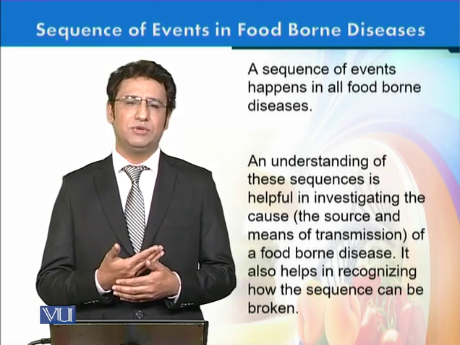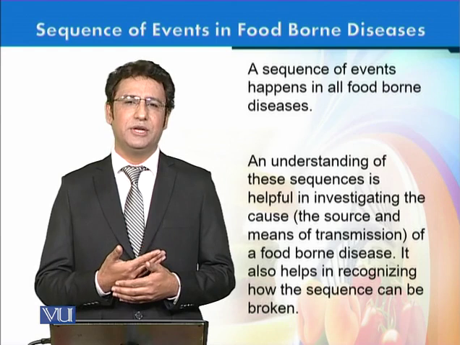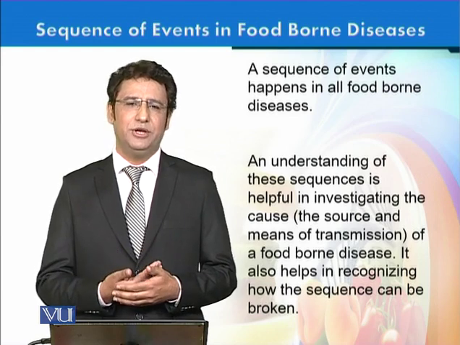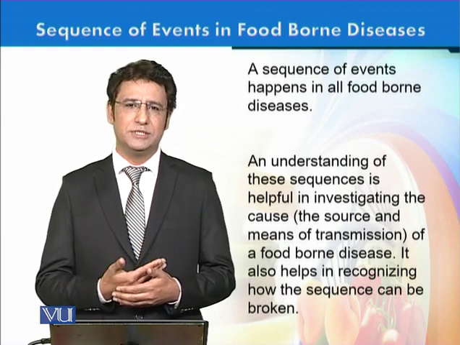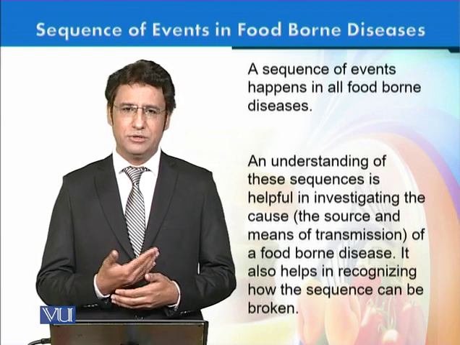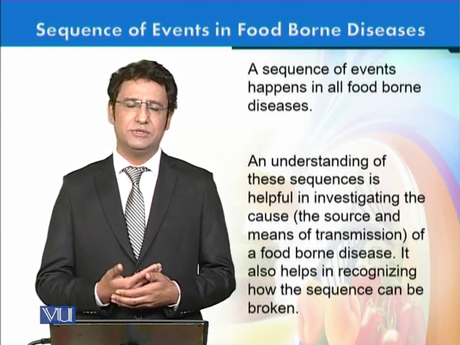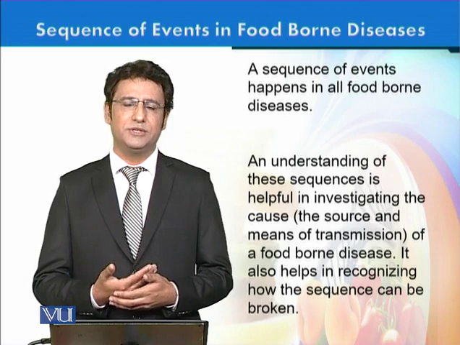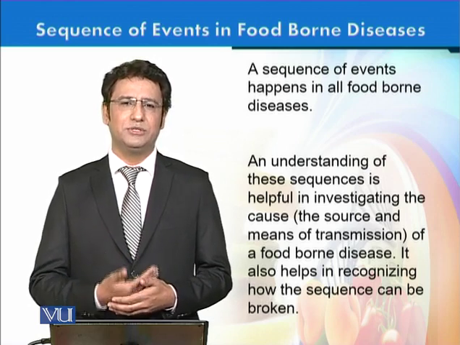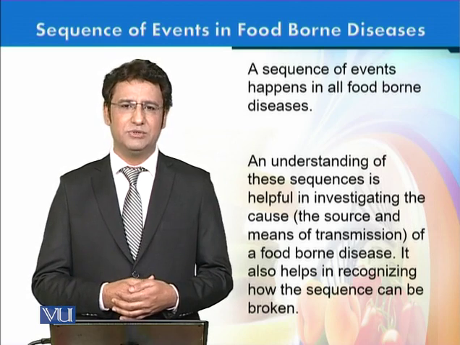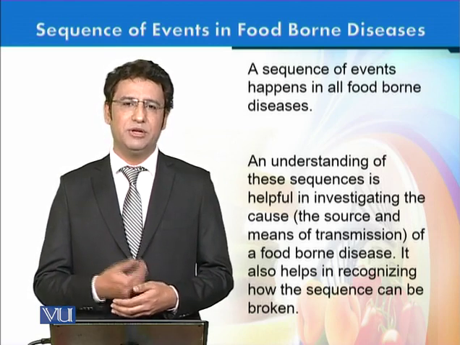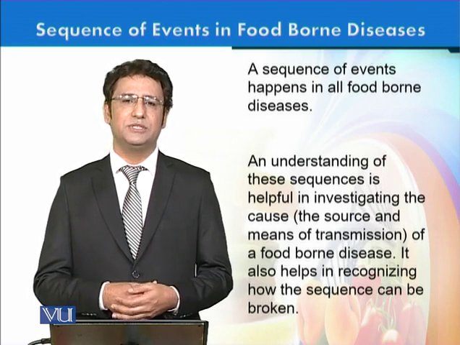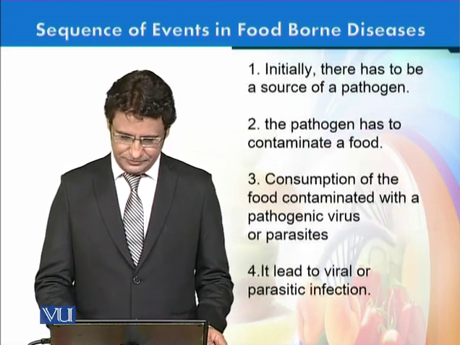And breaking this sequence is very important because then we can reduce the disease burden, or the happening of foodborne disease. So that is why it is important to understand the sequence of a foodborne infection for a particular pathogen, and that would give us information on how we can break this sequence. We can avoid this undesirable outcome, which is foodborne disease.